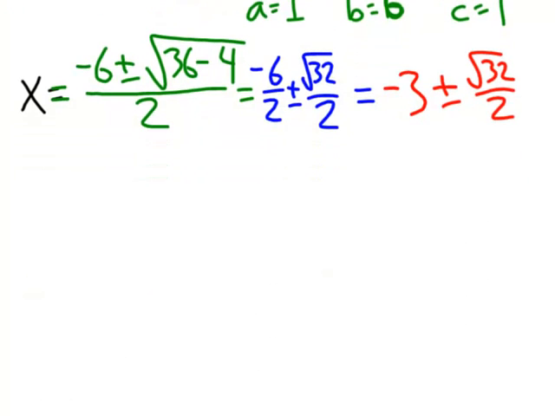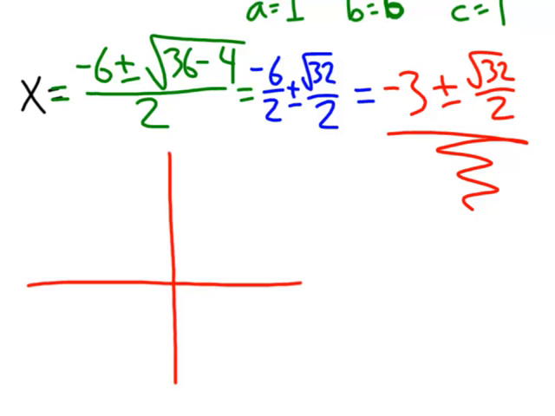All right, let's scroll down a little bit here. Here's why. Let's draw a picture of what our parabola must look like. Once again, this solution is x equals negative 3 plus or minus root 32 over 2. That represents our x-intercepts. So I know that one of my x-intercepts is at negative 3.